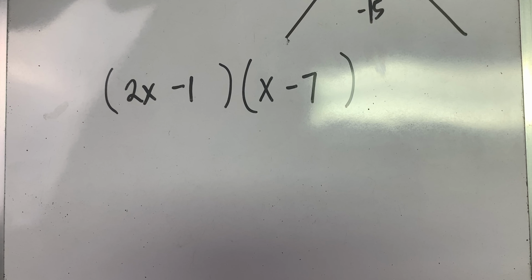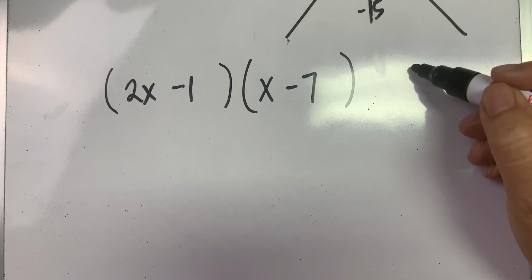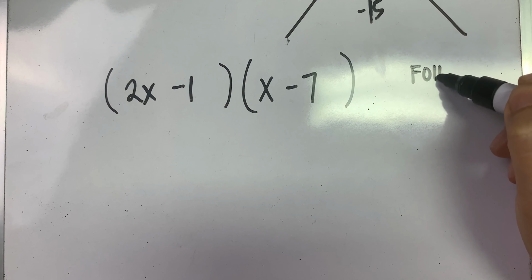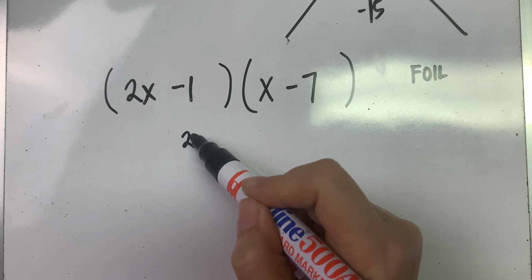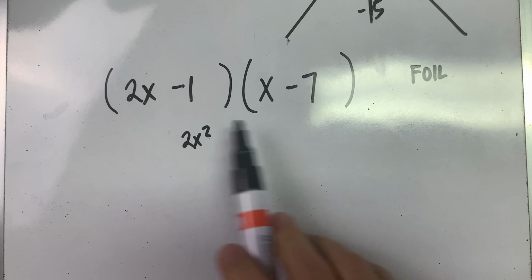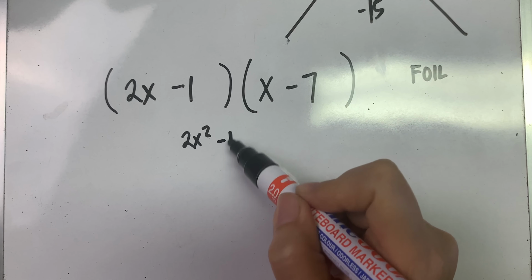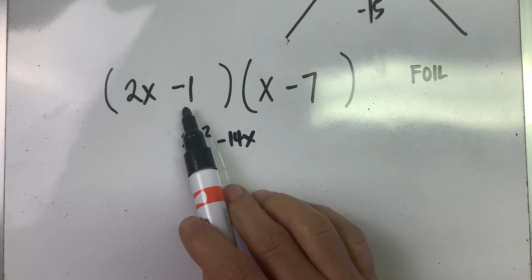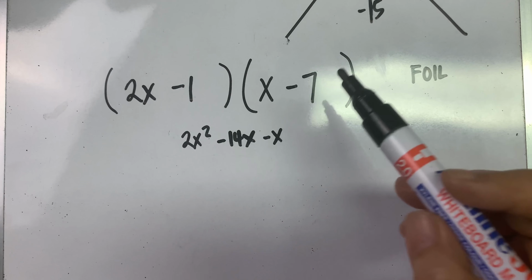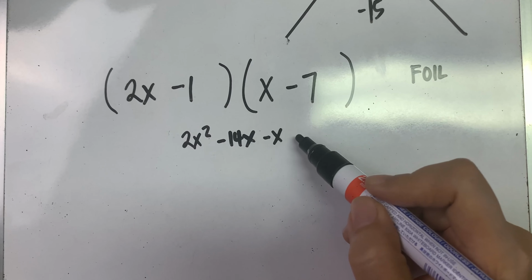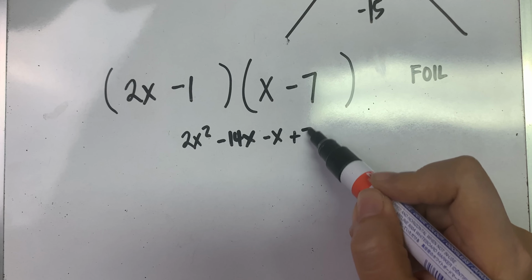Now, para malaman natin kung tama yung sagot natin, gamitan natin ulit ng FOIL method. So 2x times x is 2x squared. 2x times negative 7 is negative 14x. Negative 1 times x is negative x. Negative 1 times negative 7 is positive 7.